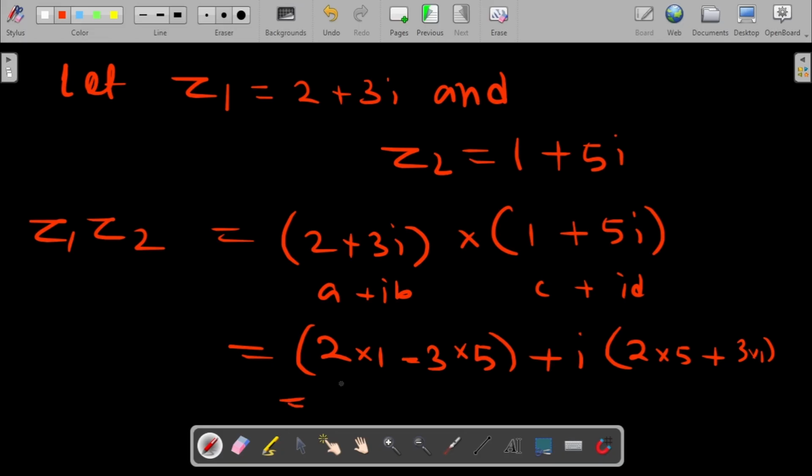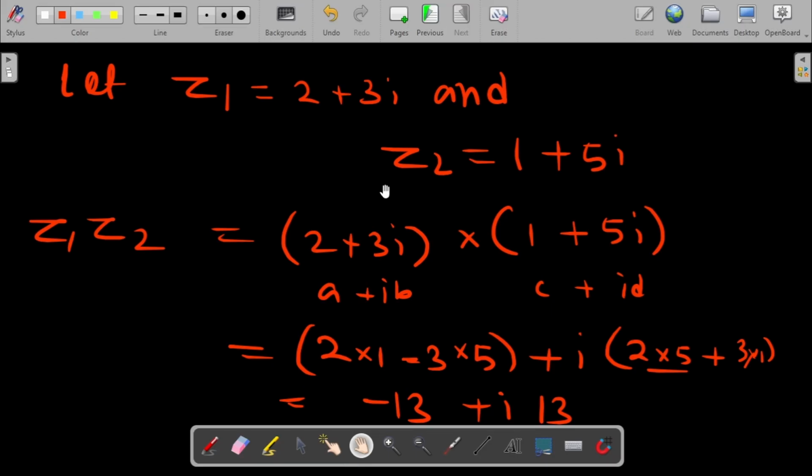This gives 2 minus 15, so minus 13, plus i times (10 plus 3), so 13. So minus 13 plus 13i. Understood? Okay. So multiplication also satisfies closure.